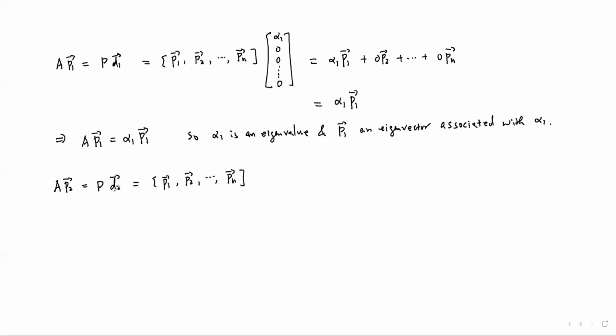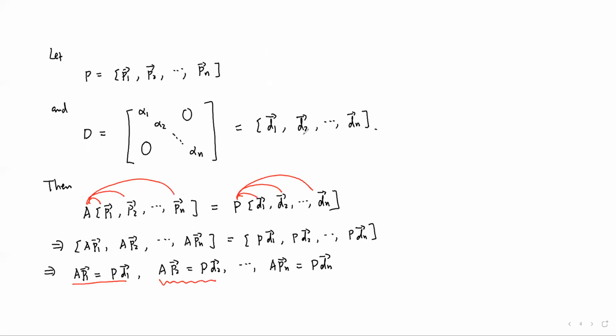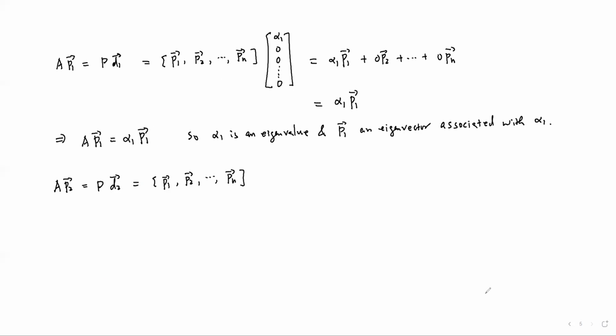How about D2? D2 means the second column of capital D, which has first entry 0, then alpha 2, then 0, 0.